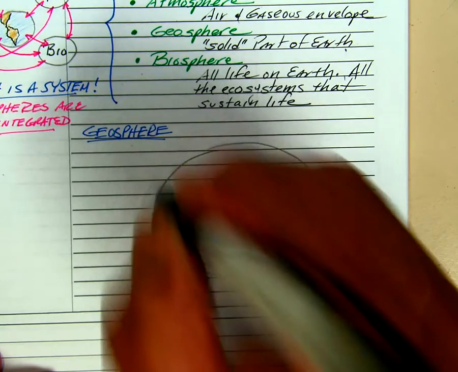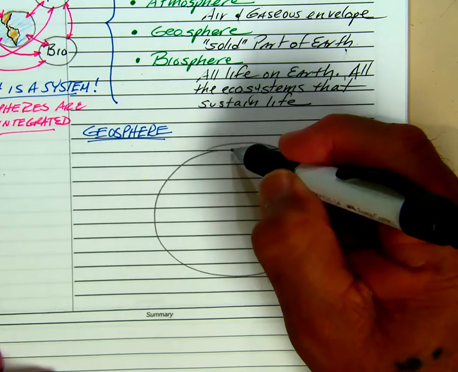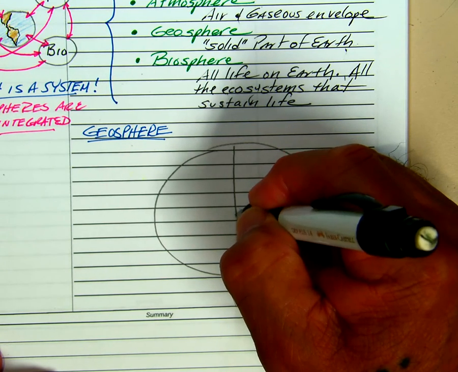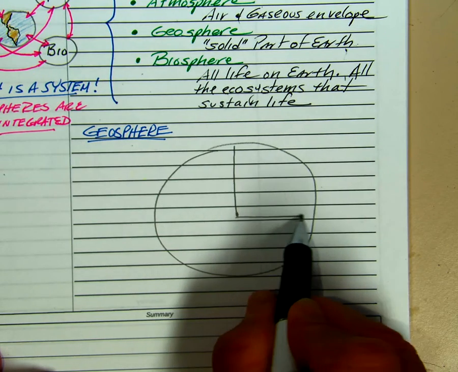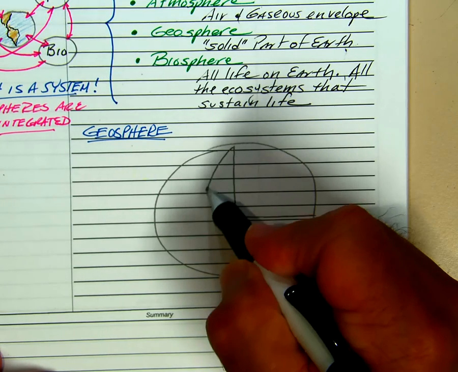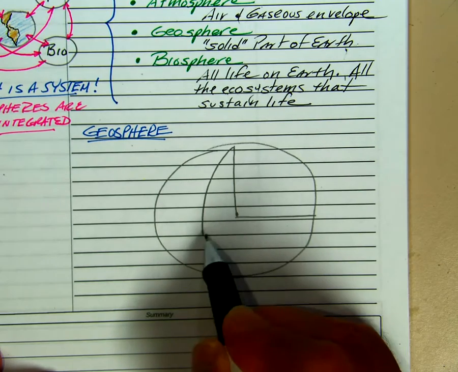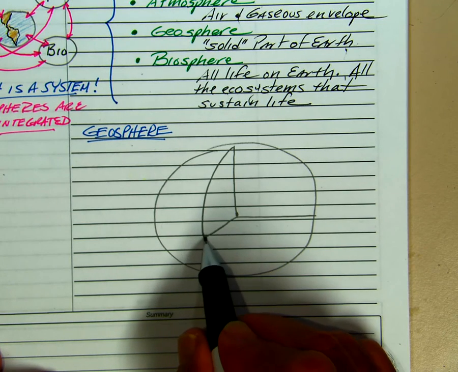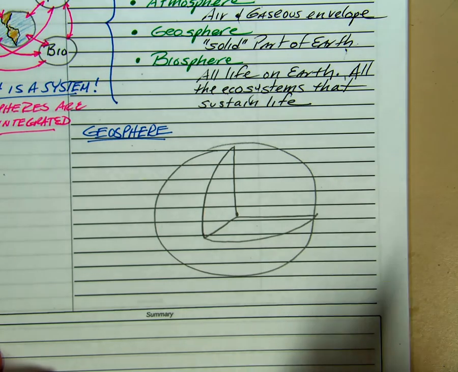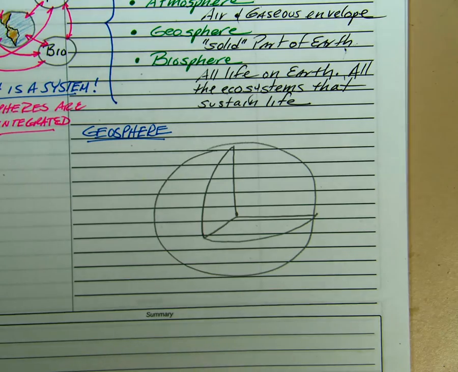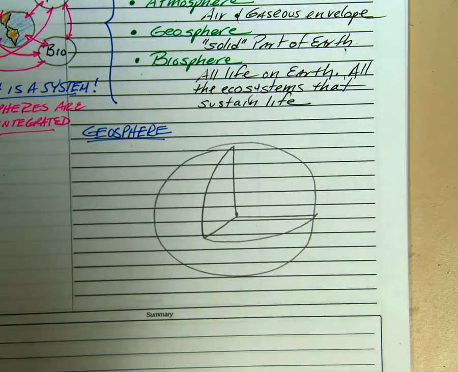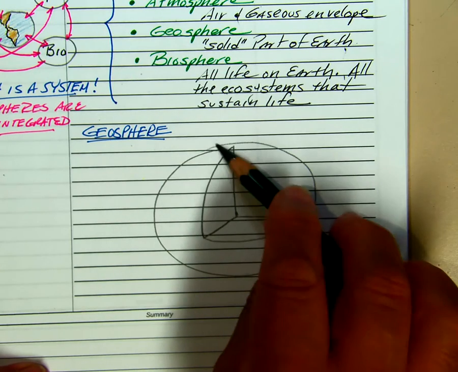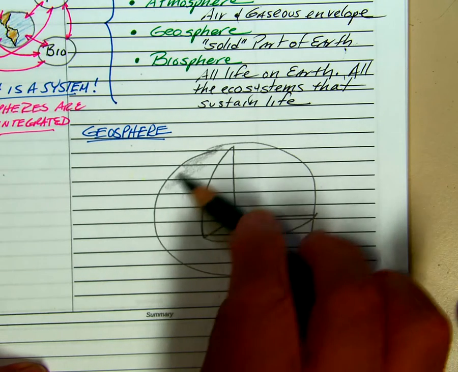I'm not perfect. And then I'm going to put a vertical line to the center of the Earth. And then I'm going to do a cutout of it so you understand that this is a cutout of our planet. Now I'm going to shade this as best as I can, using this big fat pencil.